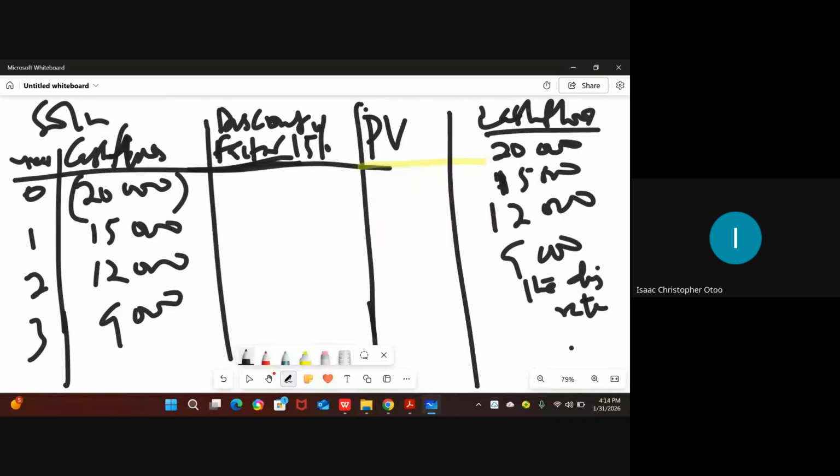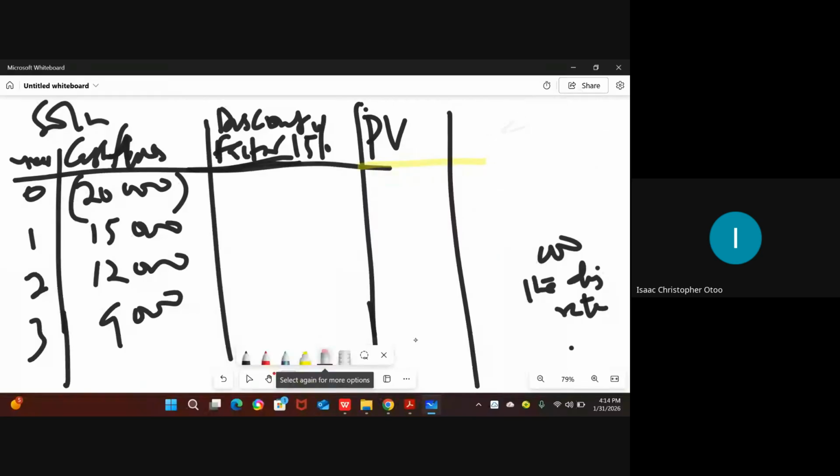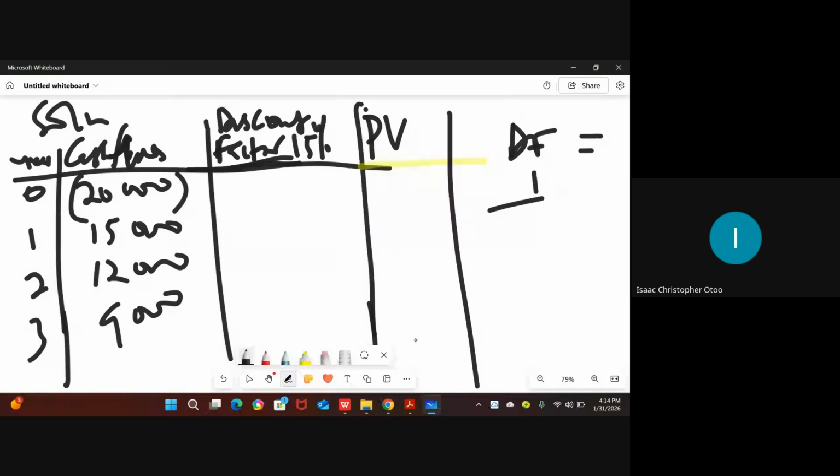Please, the formula for a discount factor is this. DF is equal to 1 over (1 plus r) to the power N. So always, I say that the 0 year is 1.000.